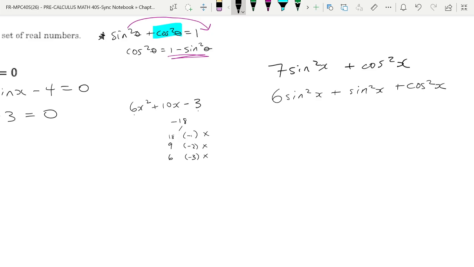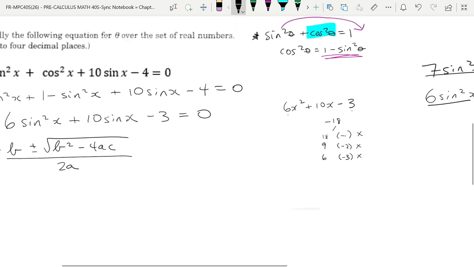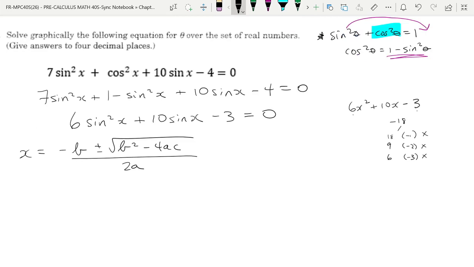Do we agree that that's the same thing? I can just say 7 of something is 6 of that something plus 1 of that something. Now, are you cool with that being 1? Right? So that'd be basically 6 sine x squared plus 1, and then the plus 1 gets together with the minus 4. So there we go. Okay, so that's a good question.